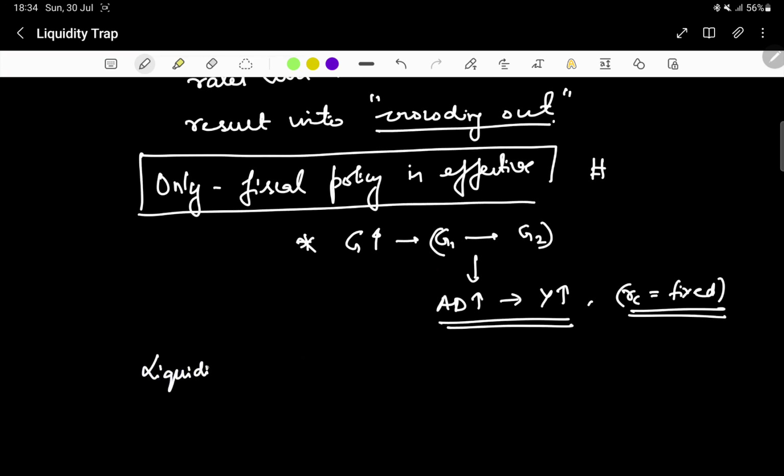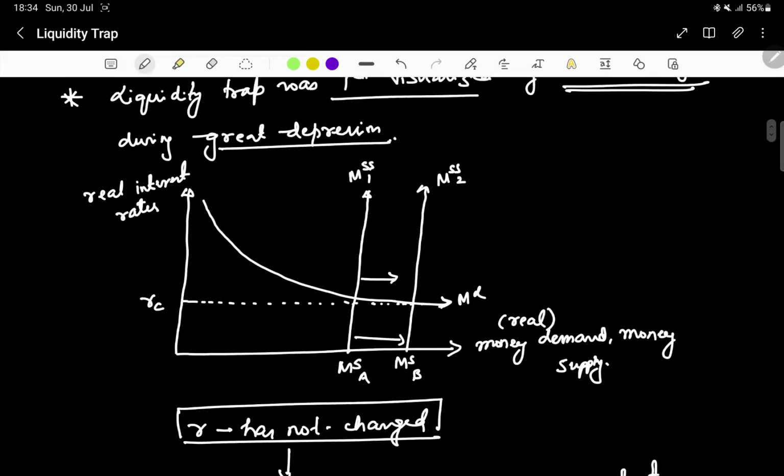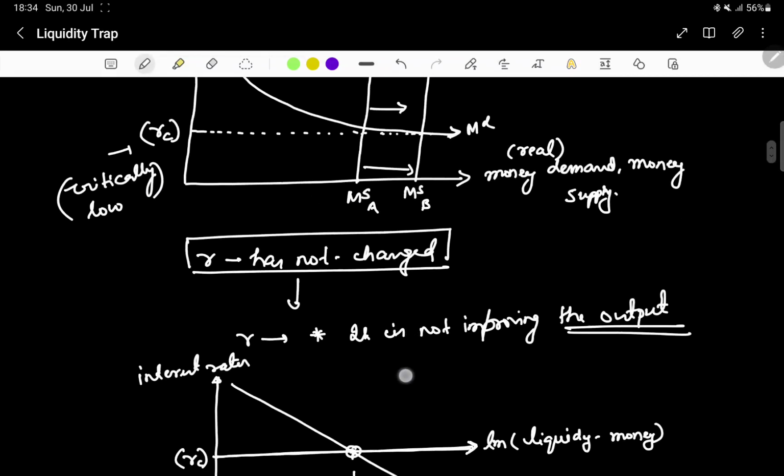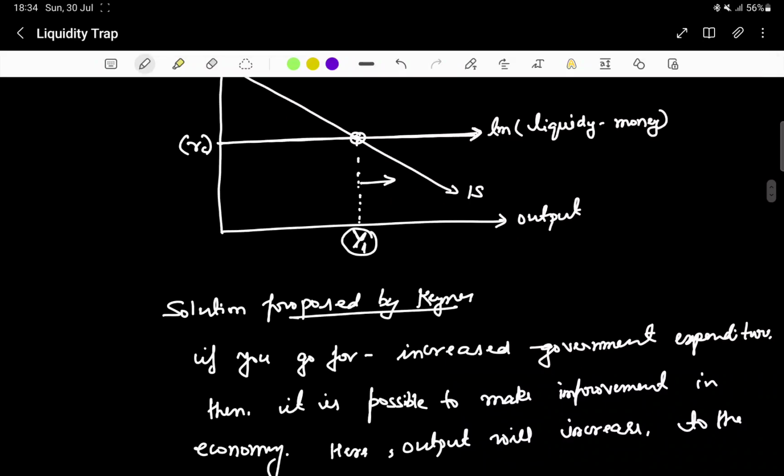So let me finally summarize. Here we have read about the liquidity trap. What is a liquidity trap? Then we looked into the diagram that I plotted here. This was the diagram that I showed: your money supply is increased but the interest rate did not change, and since the interest rate could not fall further because it is already critically low, there was no change in the interest rate.